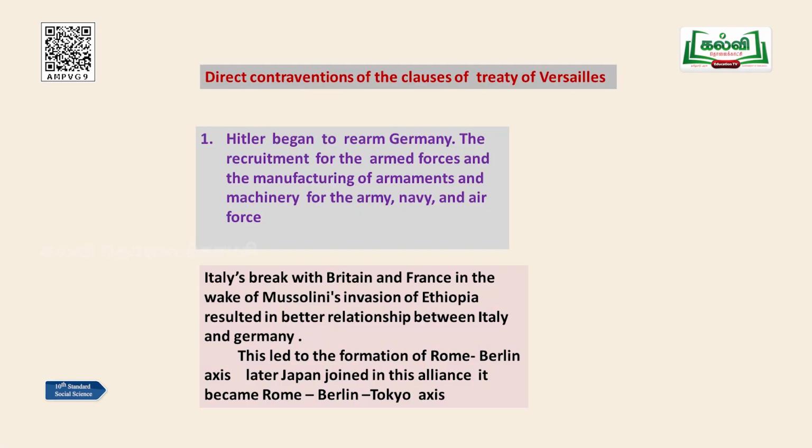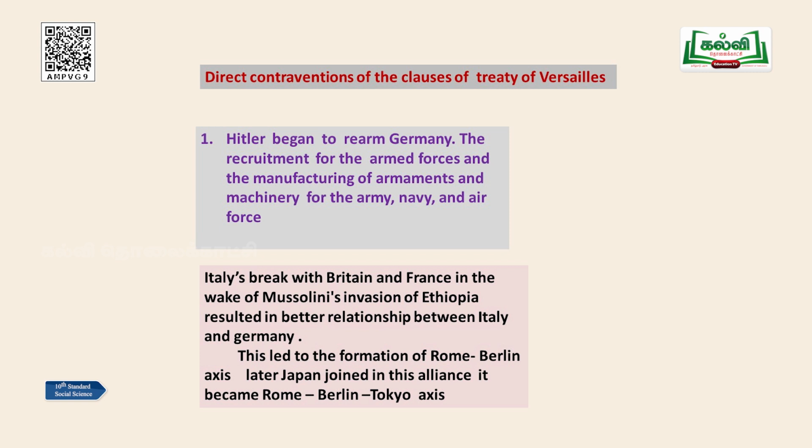So when Hitler came to power, immediately he started to break all the policies which they signed during the Treaty of Versailles. The first one, Hitler began to rearm Germany. In the treaty, we have seen Germany had to disarm. Now Hitler started to rearm Germany.